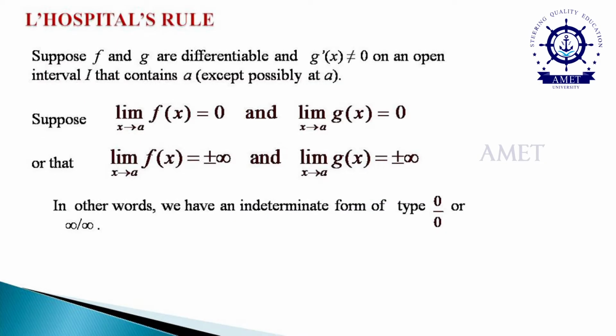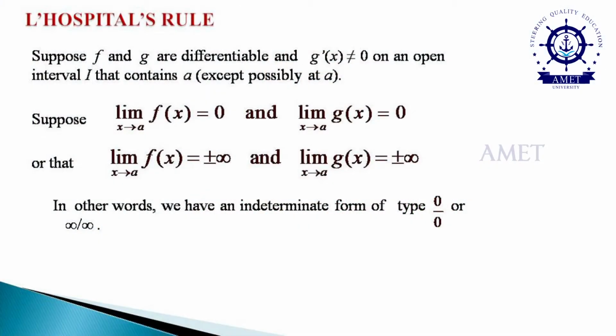To solve these indeterminate forms, first we have to learn what the L'Hospital rule is. After we identify the indeterminate form among the 7 types, we apply the L'Hospital rule. Suppose, for example, when we substitute the limit value x equals a, f of x is 0 and g of x is also 0.